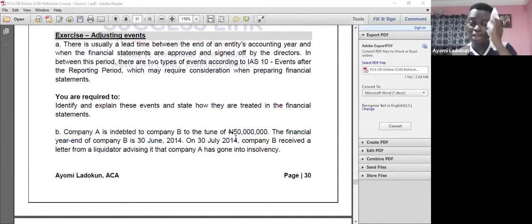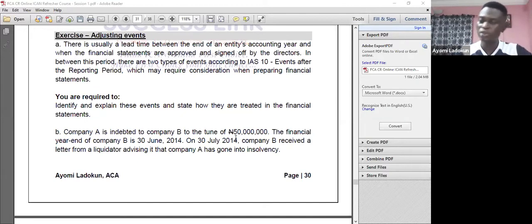But I beg to differ a little bit, because IAS 10 also says, even though naturally COVID-19 is a non-adjusting event, if a non-adjusting event will impact the going concern of an entity, then it becomes an adjusting event.